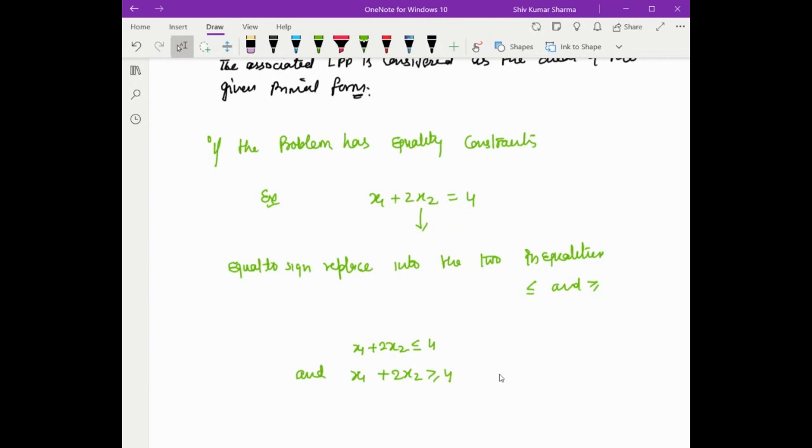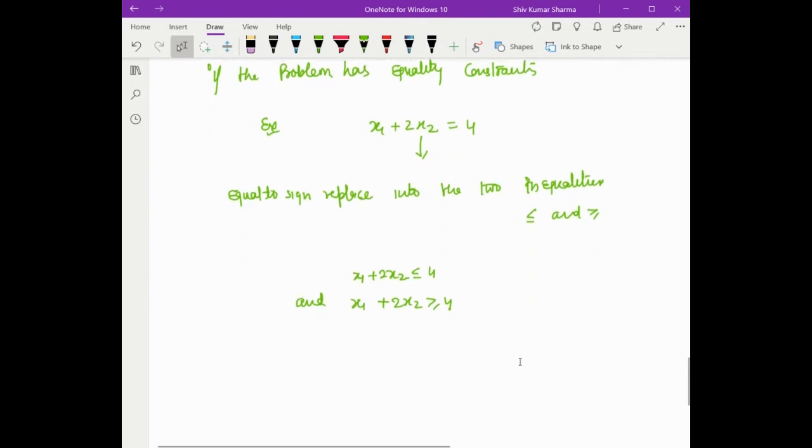While we solve the problem, every constraint should have the same sign, so then we multiply by -1. That means if a primal form has all constraints with less than equal to sign, but one constraint has greater than sign, we make it less than equal to by multiplying by -1. Remember this.